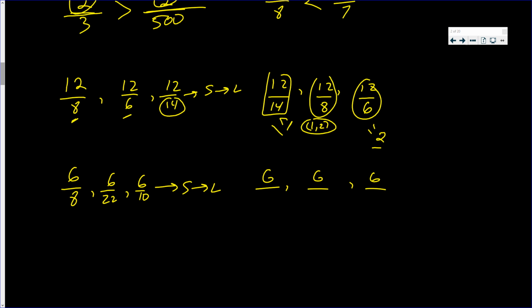Well, again, you just need to look for the largest denominator, which is 22. And now the next largest denominator, and then the next largest denominator. There's your ordering. The more you divide 6 by, the smaller it's going to be.